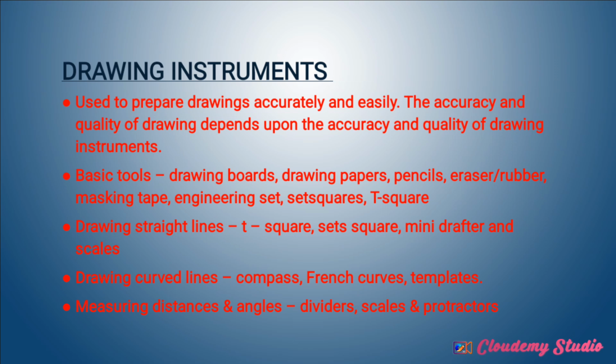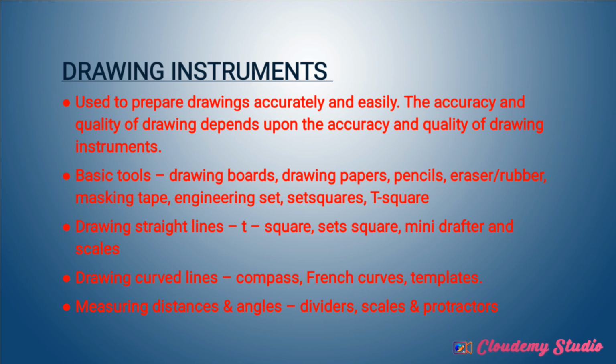Then you'll also have an eraser, so that in case you make an error, you rub the error and rectify it. Then you'll have the masking tape. The masking tape we normally use to mount the drawing paper on the drawing board, so that it is in alignment with the T-square. This is essential in making perpendicular lines, both horizontal and vertical lines.